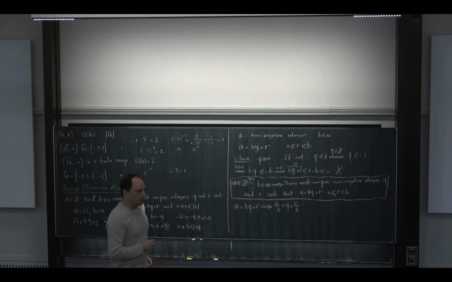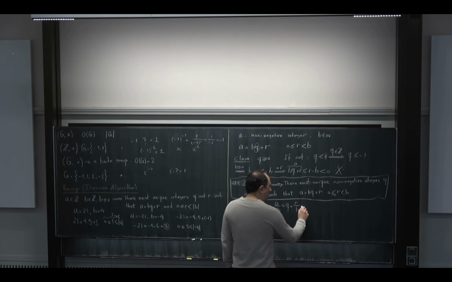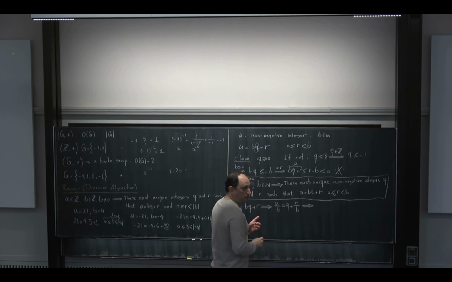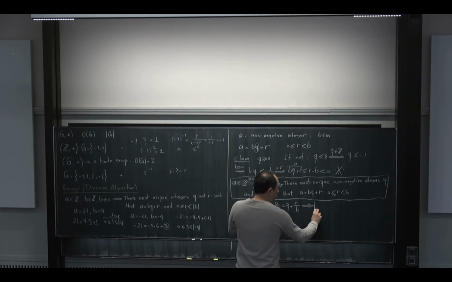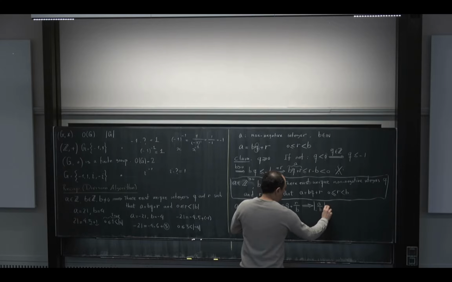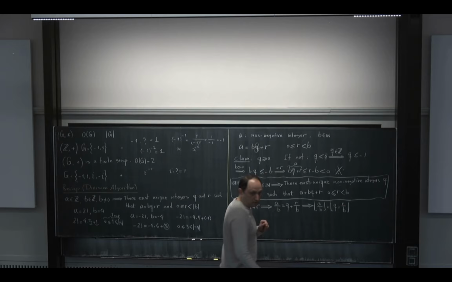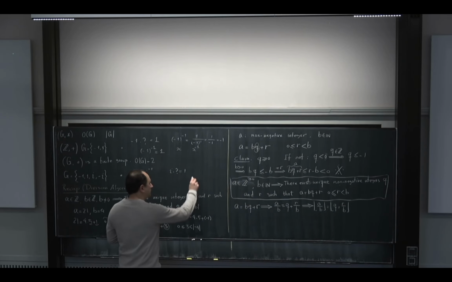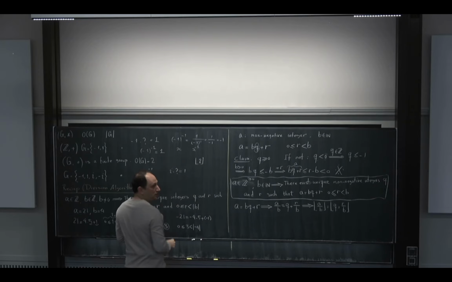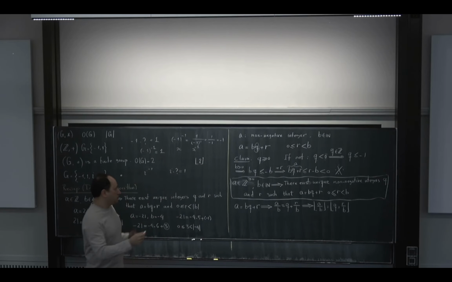Okay? So are you familiar with the floor function? If two numbers are equal, the floor of this number should also be equal to the floor of this number. What is the floor? Let me just repeat it. What is the floor of 2? It is 2 itself.